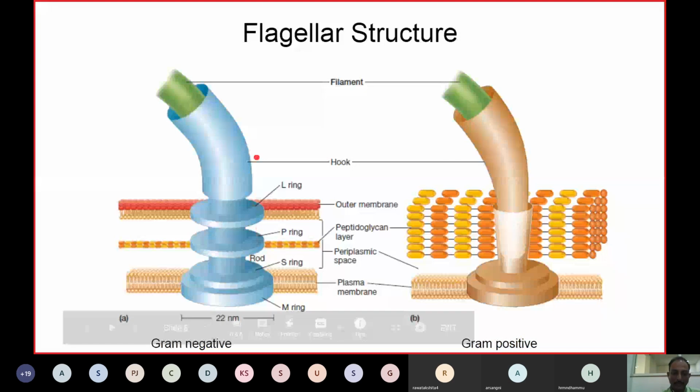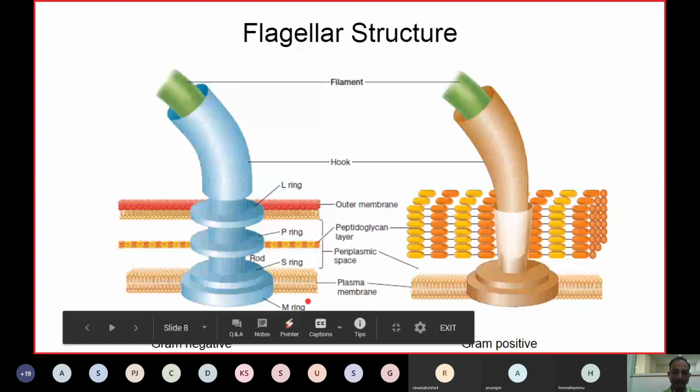In gram negative bacteria, there are four rings, which you can see as ring-like structures in the basal body. These rings are called the L ring, P ring, S ring, and M ring. L, P, S, M. There are four rings present in gram negative bacteria.